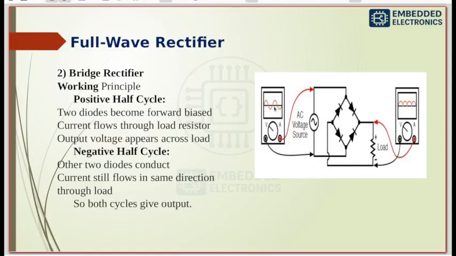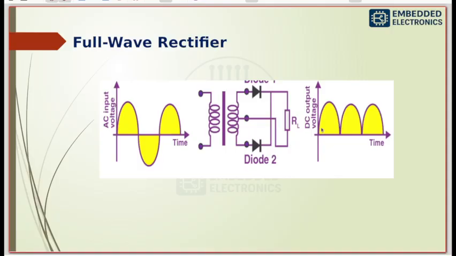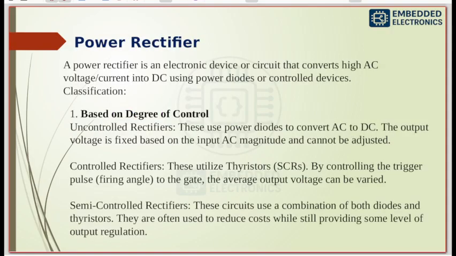But during the negative half cycle, the 2 other diodes conduct, so current still flows in the same direction. So both cycles give output. Here you can see, in the positive cycle you get output and in the negative cycle you also get output, because the current moves in the same direction. That's why we get the same voltage in both cycles.